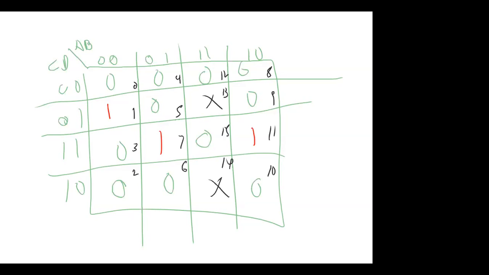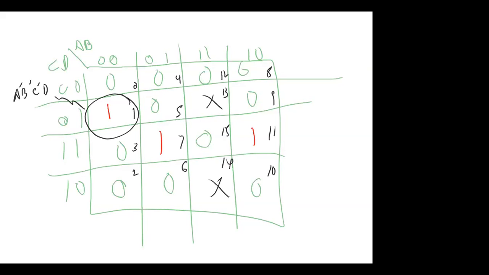How do you want to loop element number 1? You would have to do it by itself. Yes, thank you. And what would the product term be there? It would be A prime, B prime, C prime, D. There you go. Thank you.